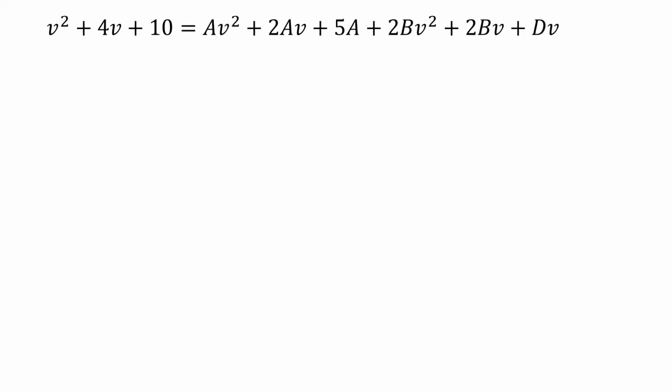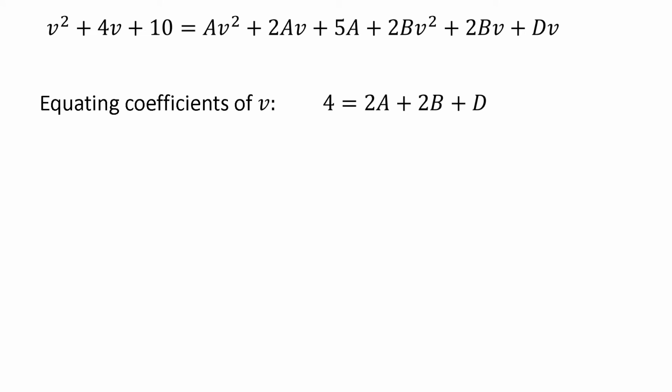From the same equation, if we equate the coefficients of v, we get 4 is equal to 2A plus 2B plus D. 4 is taken from the second term on the left side. 2A is taken from the second term on the right side. 2B is taken from the fifth term on the right side. And D is taken from the last term on the right side as the coefficients of v.